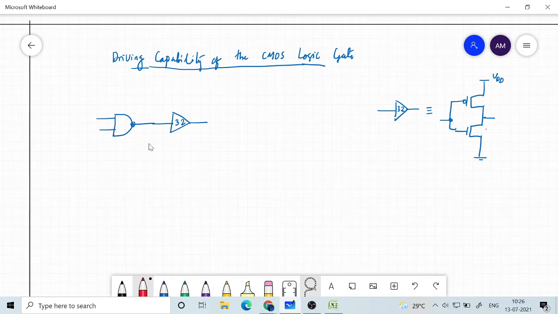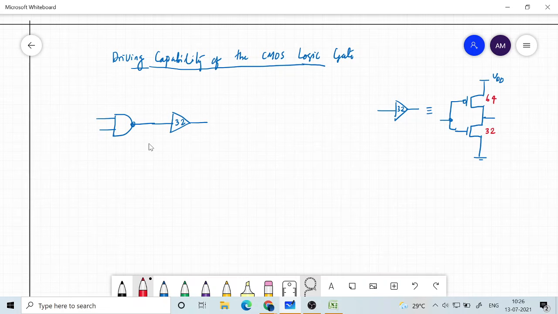So instead of 1 it will be 32, and this will be 64. Okay, this kind of huge inverter. Now if this is going to be the size of the inverter compared to the reference inverter, the capacitance will scale up and the resistance will downscale.